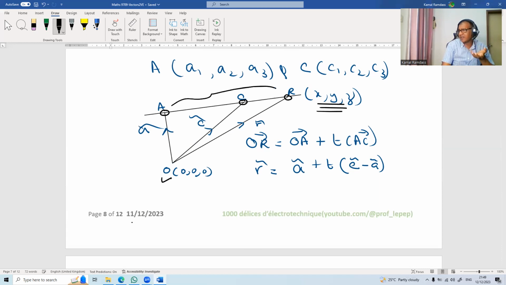But AR is parallel to AC. And here, AR is equal to a scalar factor times AC. And AC, if we look carefully, goes from A to C, so we can go from A to O, and then from O to C. OK, that means AO plus OC.